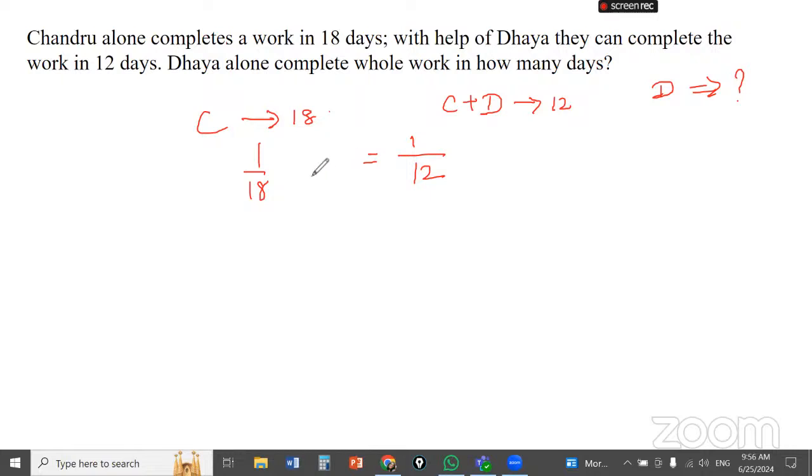So 1 by D is what we are supposed to find. 1 by D is nothing but 1 upon 12 minus 1 upon 18. The LCM would be 36 here, so you get 1 upon 36. So D alone can complete the work in 36 days. Yes, Arjun, you're right.